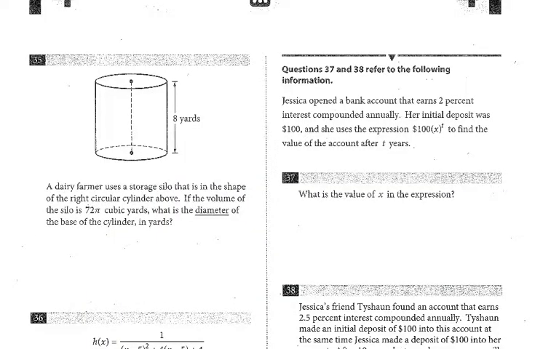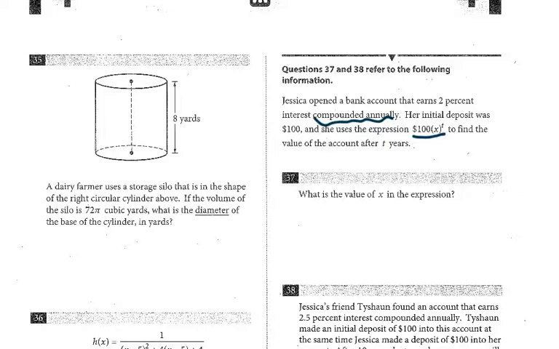For questions 37 and 38, refer to the following information. Jessica opened a bank account that earns 2% interest compounded annually. Her initial deposit was 100, and she uses this expression to find the value of her account after t years.